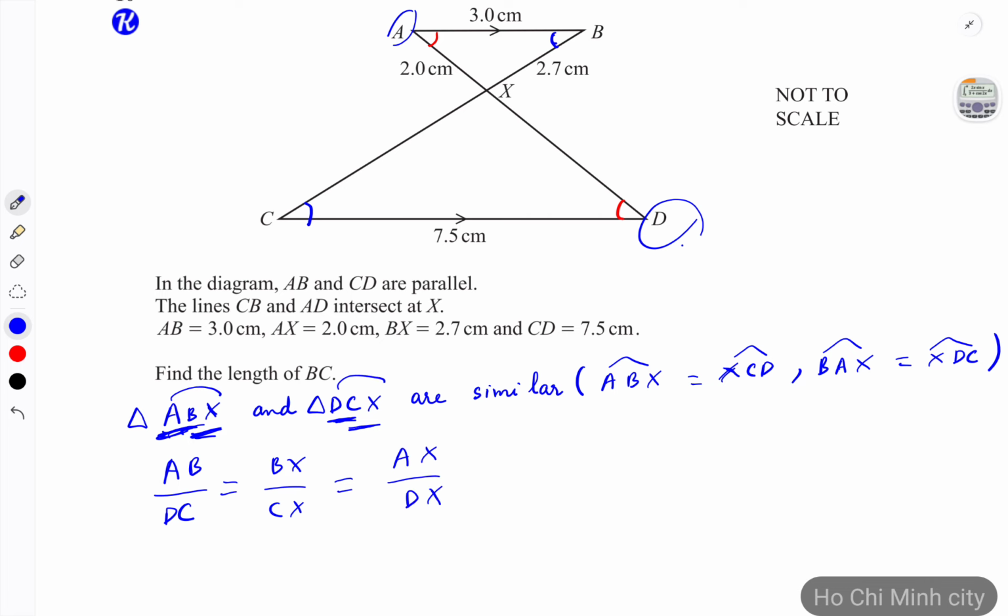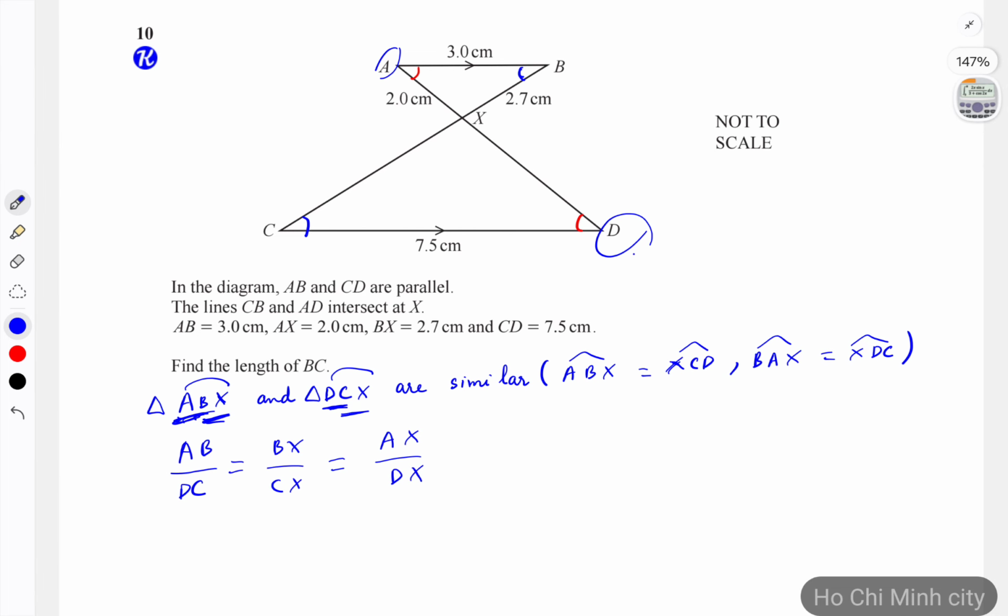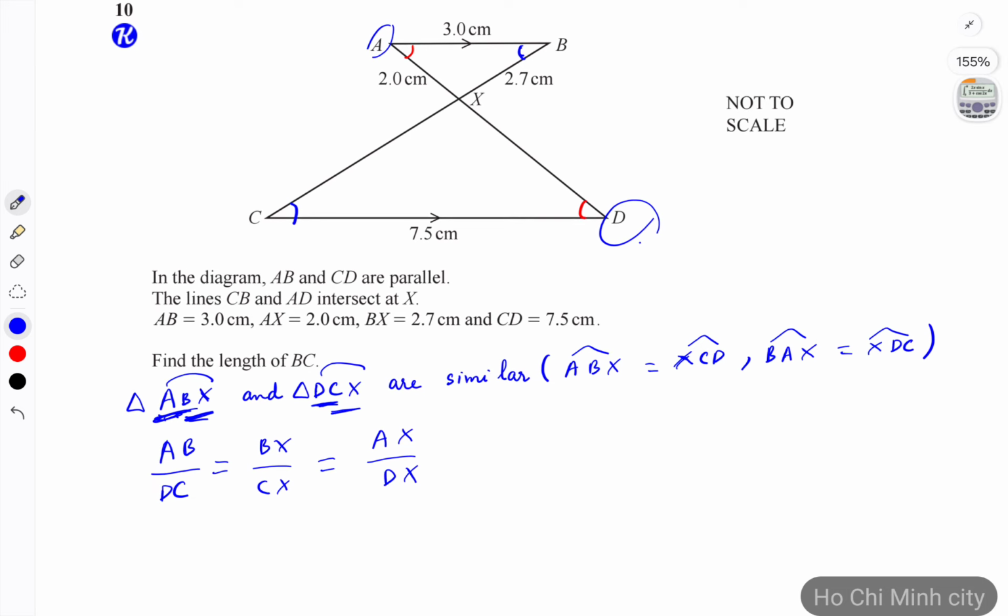All right. So let's plug these values into this expression. So we have AB is 3 divided by 7.5 is BX 2.7 divided by CX.